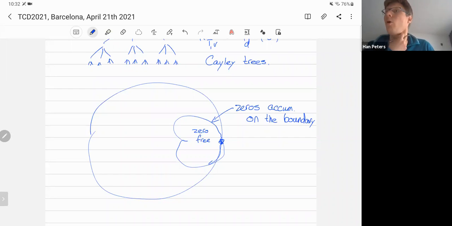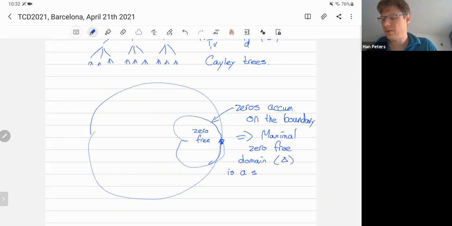So if you consider all graphs of that same maximal degree, then there could still be zeros. So the maximal zero free domain for given Delta is a subset of the main cardioid.